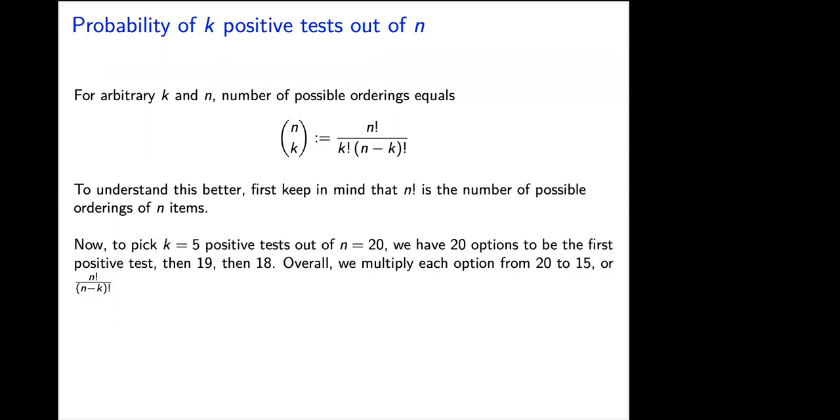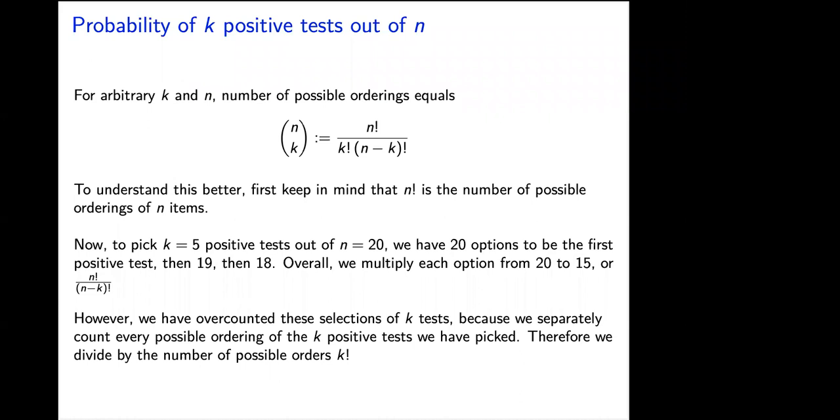And then if we want to pick out our K positive tests, 5 positive tests out of 20, let's say, then we're asking, okay, what's the first positive test we run into? We have 20 options. What's the second one? Now we have 19 options because we've removed one that we've declared to be positive, and we keep on multiplying for each option that goes from 20 to 16, which is equal to N factorial over N minus K factorial, where N is 20 and N minus K is 15.